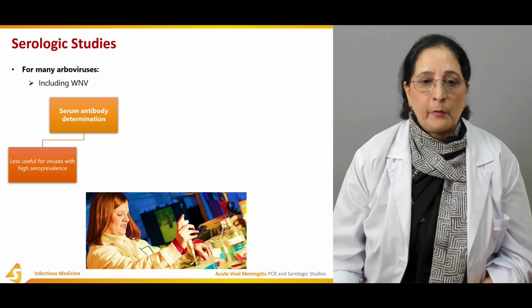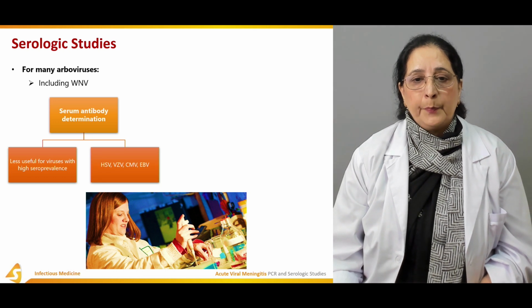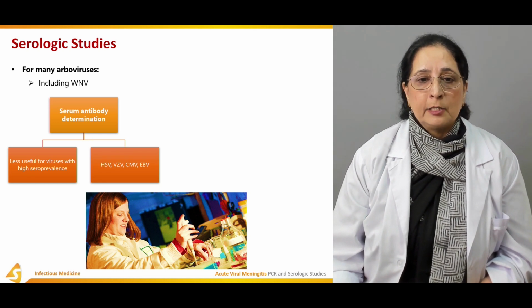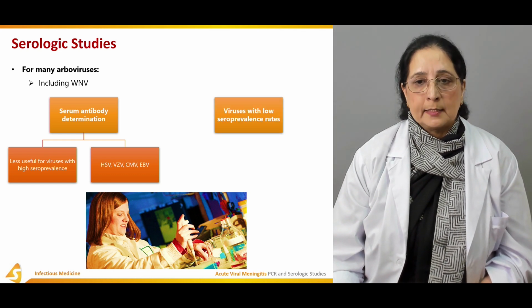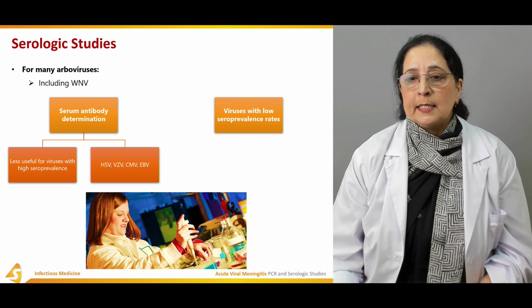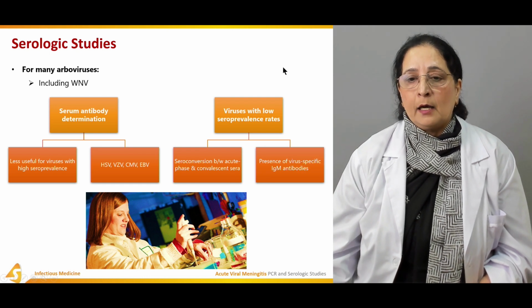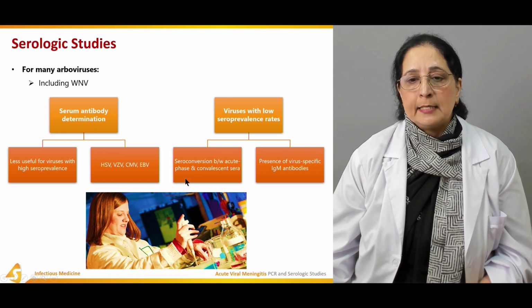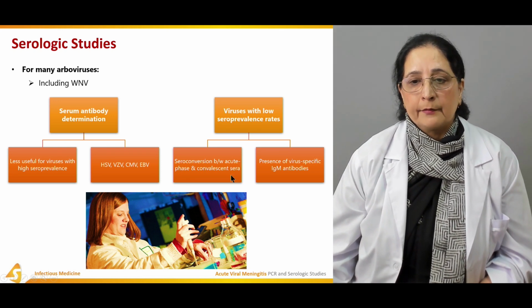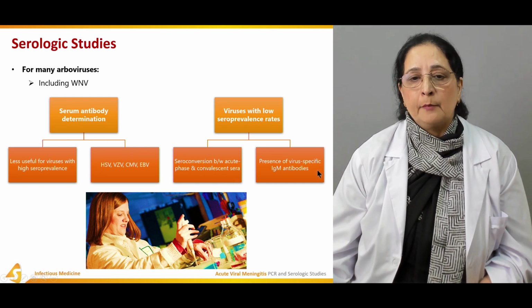Less useful for viruses with high seroprevalence: herpes simplex, varicella-zoster, cytomegalovirus, Epstein-Barr virus. Viruses with low seroprevalence rate are more effective. Seroconversion between acute phase and convalescent sera. Presence of virus-specific IgM antibodies.